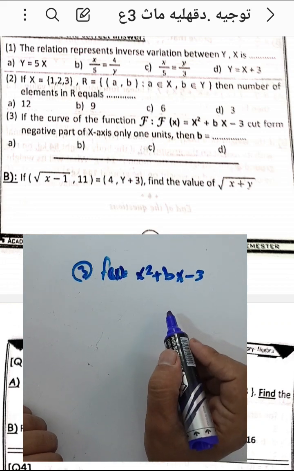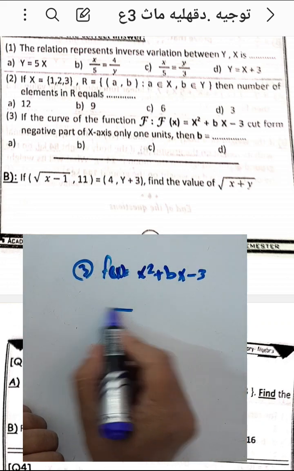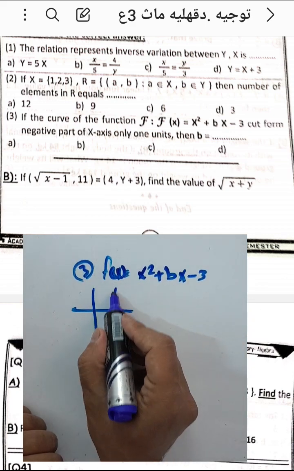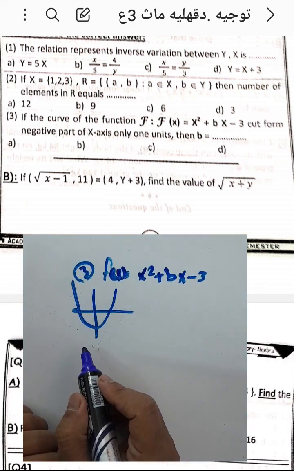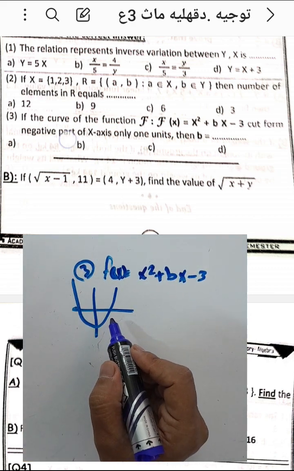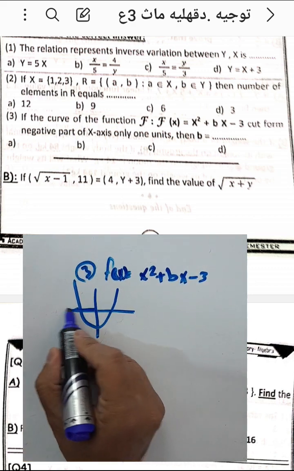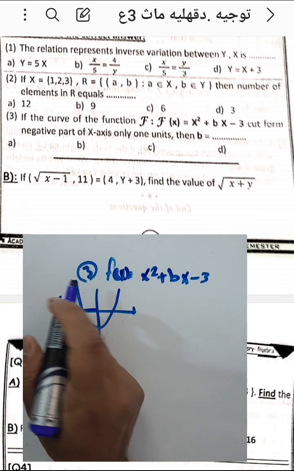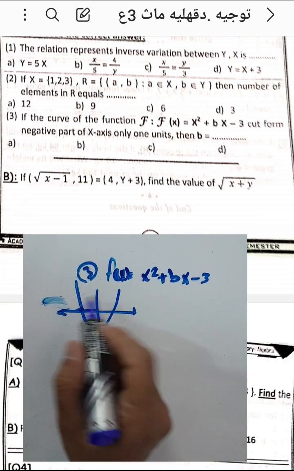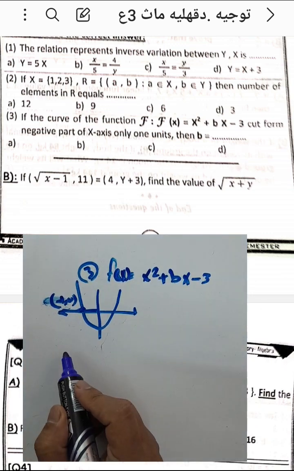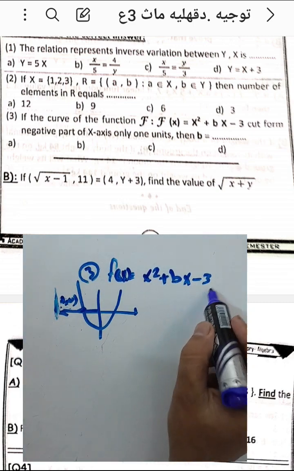And we have this curve such as this. It cuts the negative part of x-axis at this point negative 1 and 0. You want to find b.